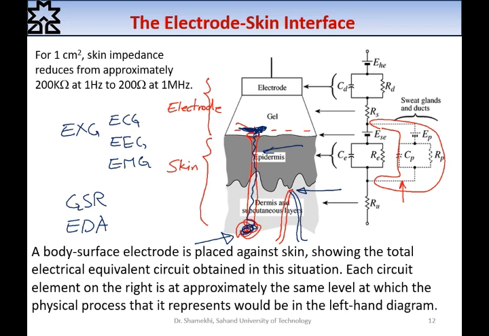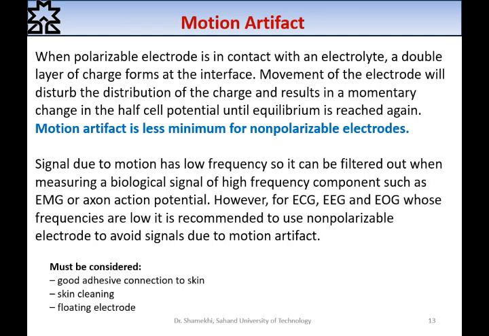Okay. And also you can read the text in this slide by yourself. Based on the structure of the electrodes, we have some problems, and one of the most important problems in recording is motion artifact.